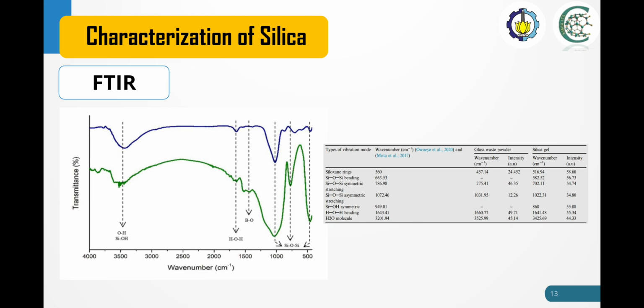We can see that the type of vibration of silica gel of this research has similarities with previous studies by Oaa et al. The typical absorption of silanol in synthesized silica gel has higher intensity than glass bottle, indicating a higher silanol content. The FTIR result shows that after the synthesis process, the impurities present in the glass bottle were removed.